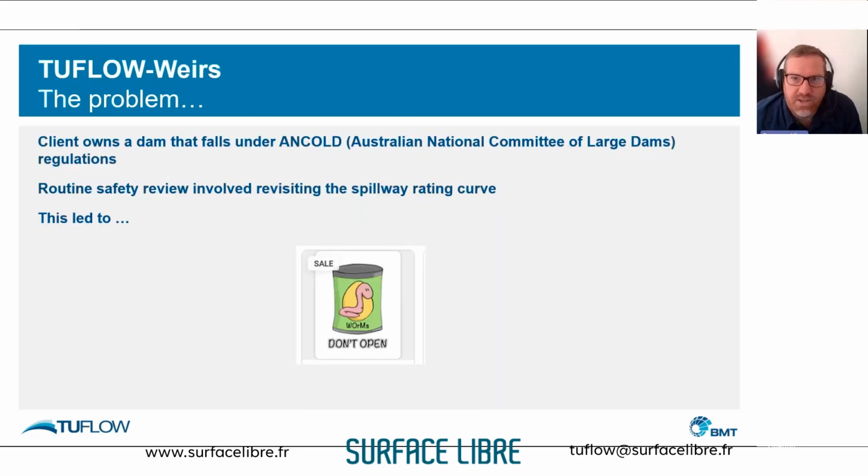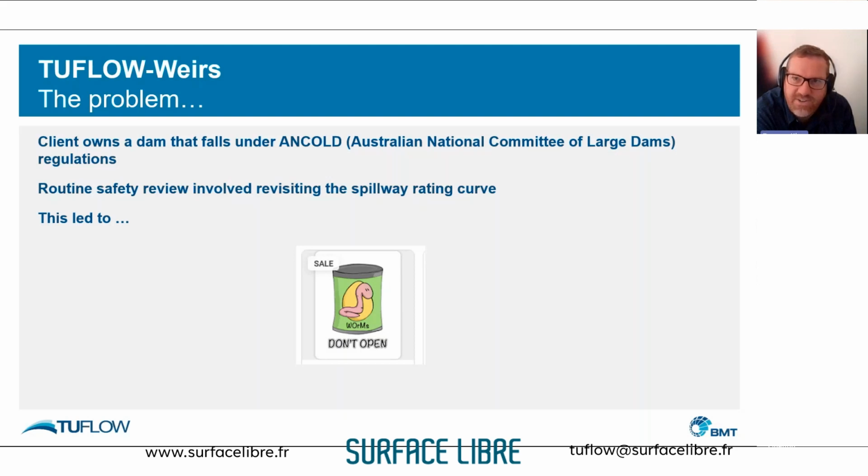Just a small little case study on how this kind of functionality has been used. So this is a small dam in Australia that falls within ANCOLD regulations. So it's managed by the Australian National Committee of Large Dams. And as part of that, there's a requirement for a routine or regular safety review to revisit the spillway rating curve.